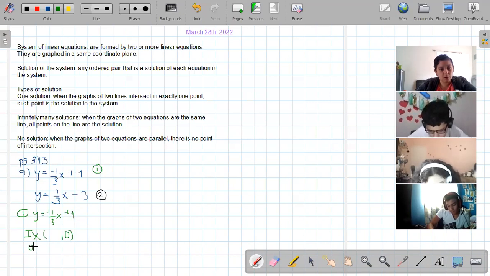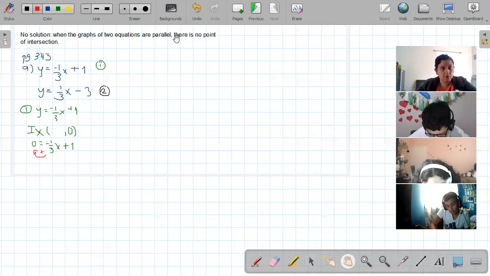So we have 0 is equal to negative 1/3 x plus 1. Since this is negative, I'm going to pass it to the other side to make it positive so I can have the x by itself. And we're going to have 1/3 x is equal to positive 1.